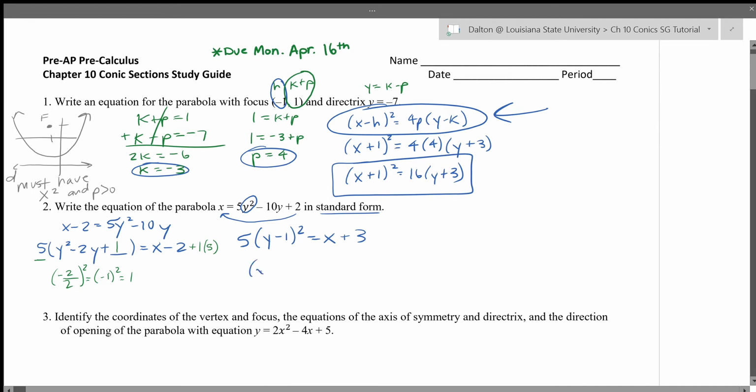So I'm going to isolate y minus 1 squared. I want this x plus 3 to also remain as a binomial with nothing else being distributed in. And then if I'm going to move the 5 to the other side, it would be like dividing by 5 or multiplying by 1/5. So this would be our final answer of that parabola in standard form.